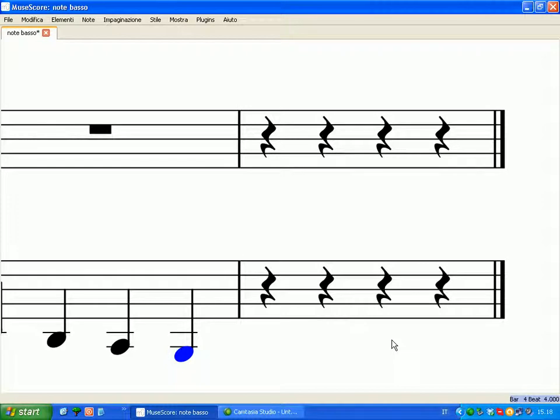Of course we said that very often the left hand plays the notes which are below the middle C, but sometimes it happens that we have to represent some notes which occur above the middle C. So we have to understand also how to represent the notes higher than the middle C using the bass clef.